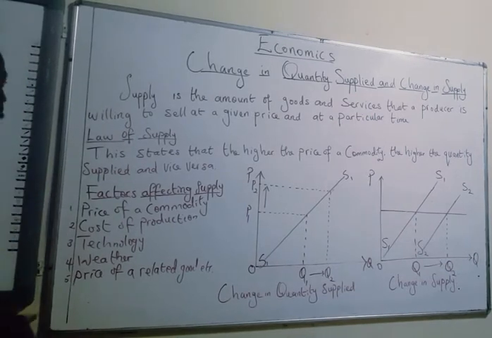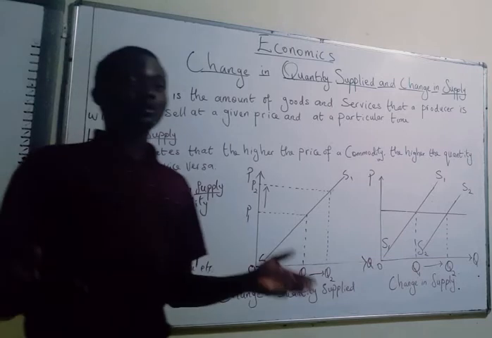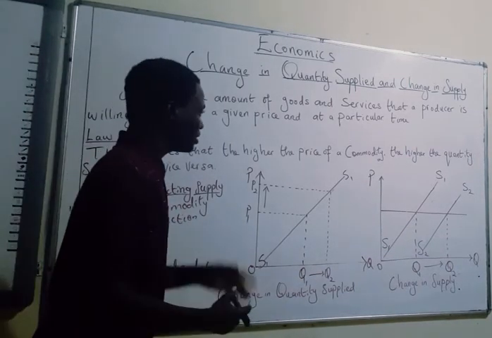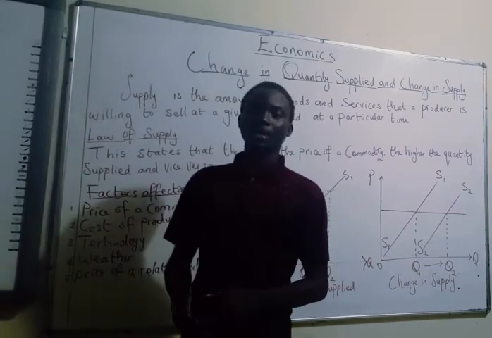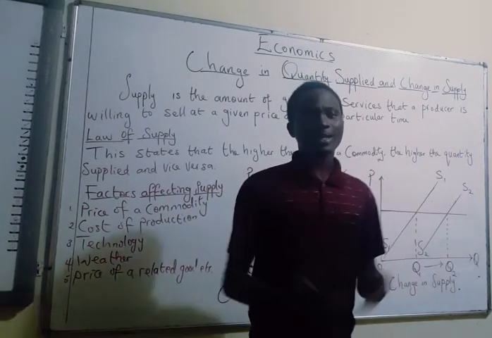We have the law of supply, which is otherwise known as the second law of demand. It simply states that the higher the price of a commodity, the higher the quantity supplied, and vice versa. Simply meaning that the lower the price of a commodity, the lower the quantity supplied. And I think that is logical enough.